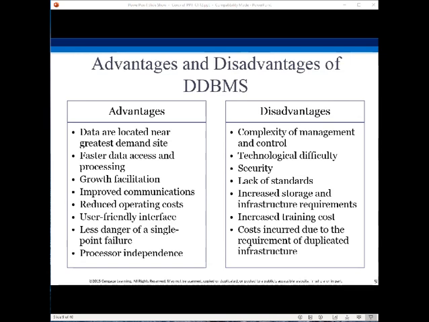There aren't distributed database standards like there are for the SQL databases. On the other hand, some of the advantages is it improves communications. Data is going to be located where the biggest demands are, so it doesn't have to go across the world to get the data. It can be right there. And there's less danger of a single point of failure.